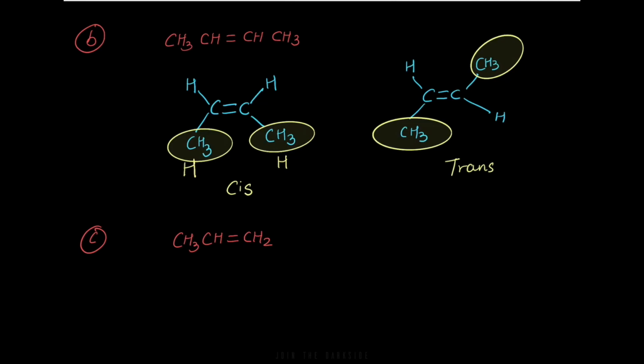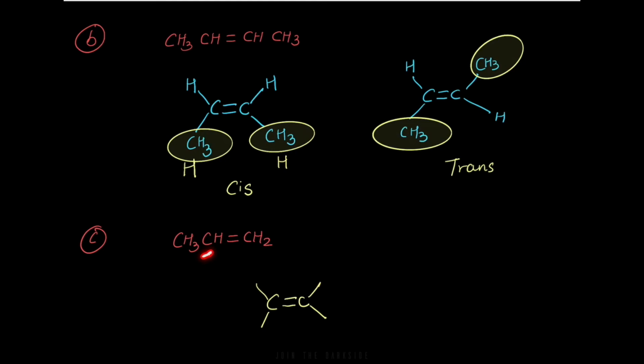Okay, next one, let's identify whether this compound right here exists in cis and trans configurations. Again, you will expand the structure. So I'm focusing on this double bond right here, and going to expand all the groups so I can see.